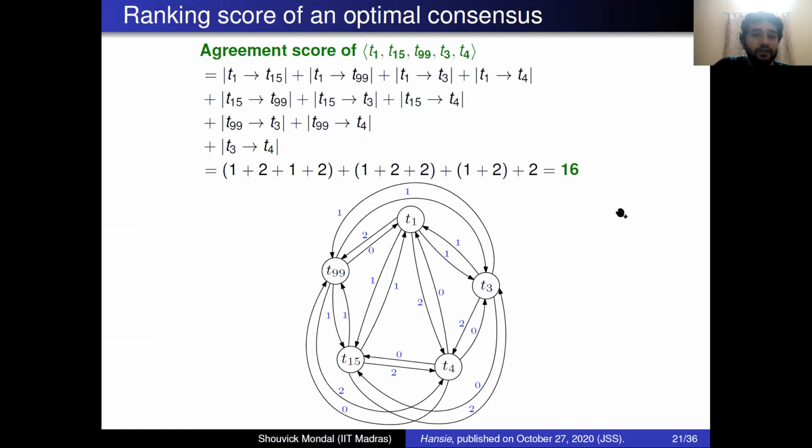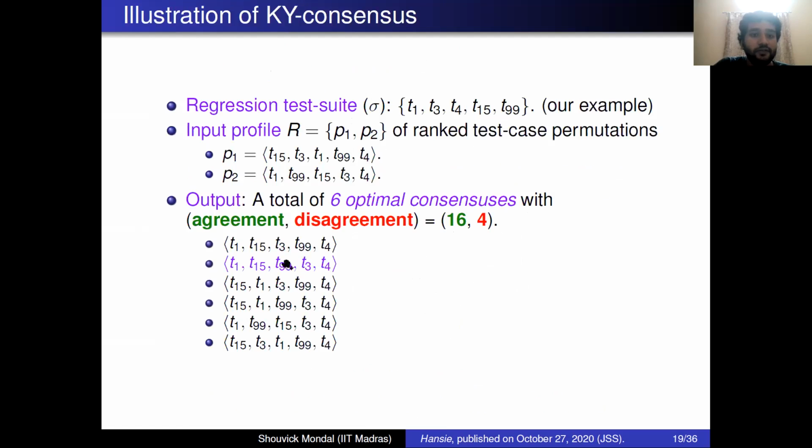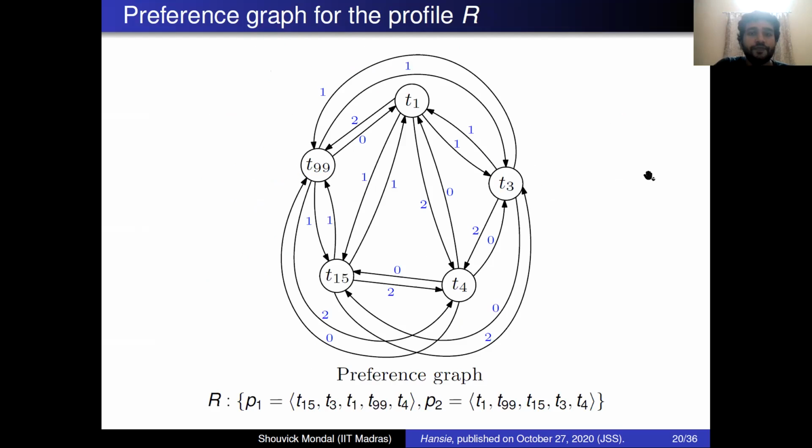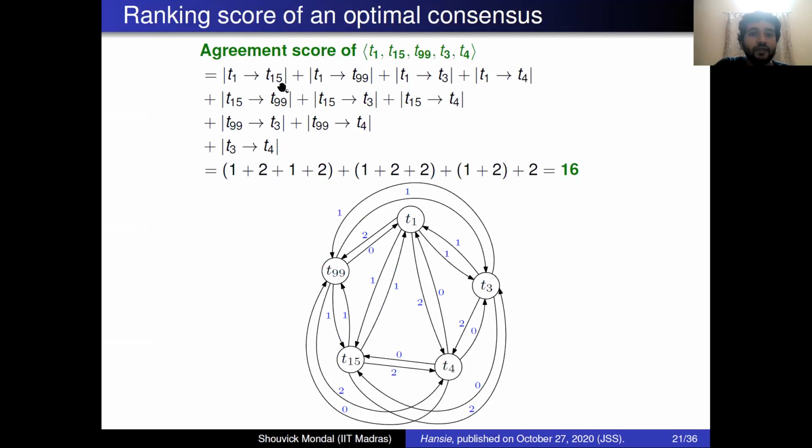Now, from this, we can calculate the agreement score of 115.9934, the highlighted one, and we see that the agreement score for this sequence will be obtained from the edge weights of this preference graph. So mod of T1 arrow T15 is the edge weight of T1 to T15, and for T1 to T15 we have edge weight 1. The summands are these different edges.